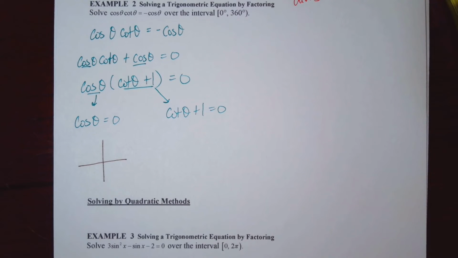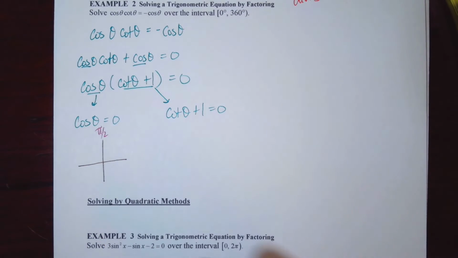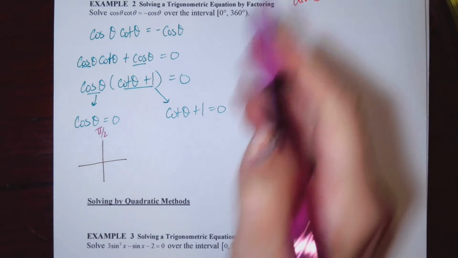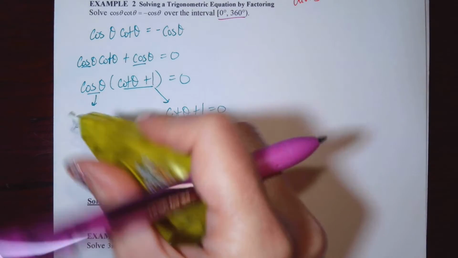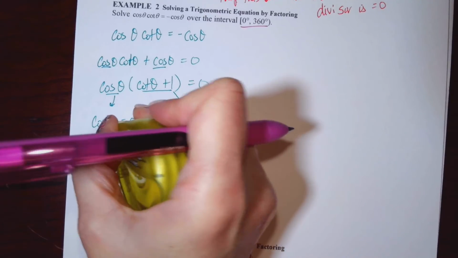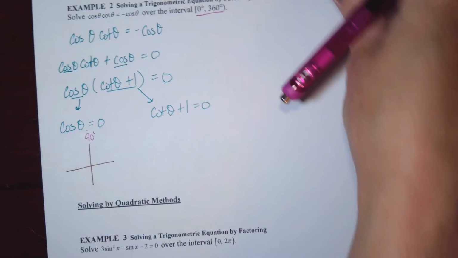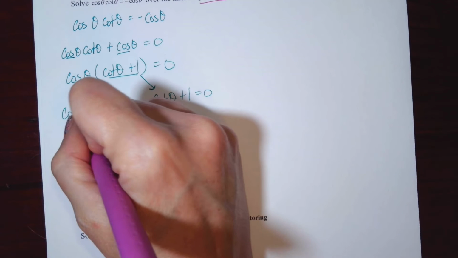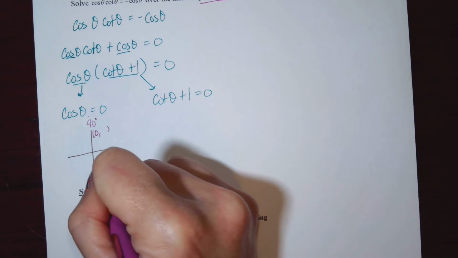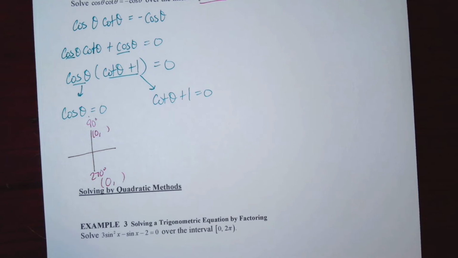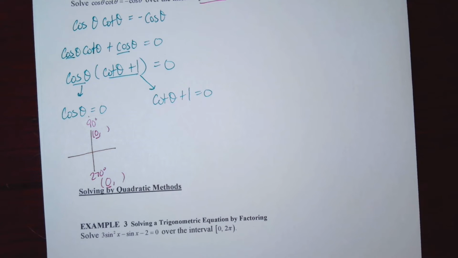So I've got a solution set up here, and, oh, you know what? We are in degrees, aren't we? So let's change that to 90 degrees. My default is radians. So at 90 degrees, my cosine function value is 0. And at 270 degrees, my cosine function value is 0. So that's the important bit that we're interested in. Cosine is 0 here.